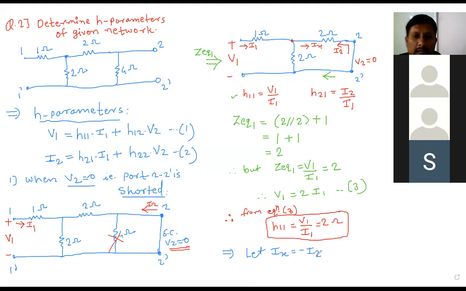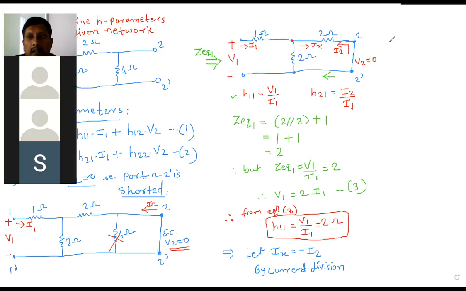That's why Ix is equal to minus I2. Therefore, by using current division, we are going to find out the value of I2 here.